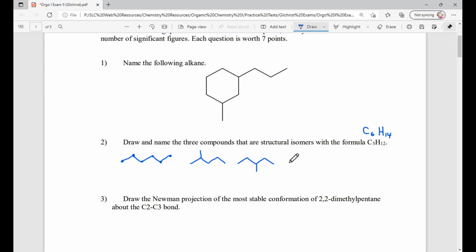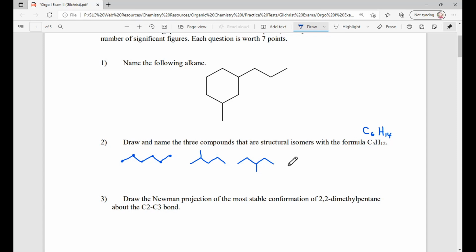I don't think so, because if you move it to any other space, you've already made that. Yeah, if you move it to here, it would still be 2-methylpentane. And that's actually one of the ways in which you can definitively tell if something is in fact a structural isomer. If it has the same name, it's not a structural isomer. It has to have a definitively different name, particularly with regards to the number.